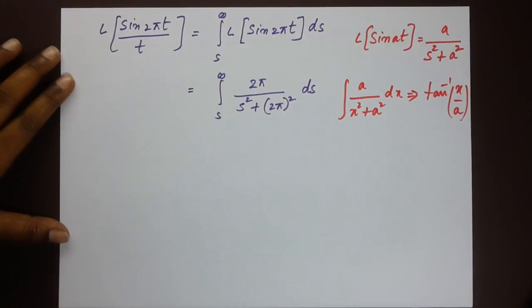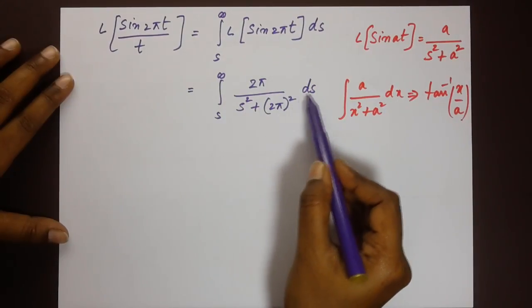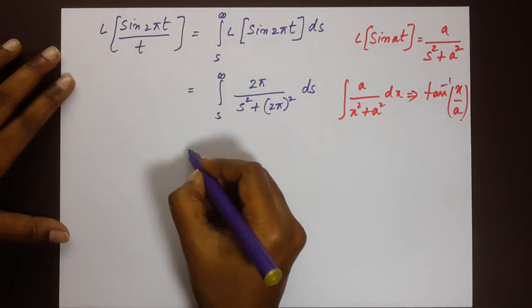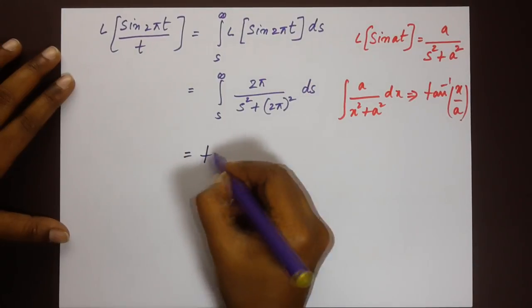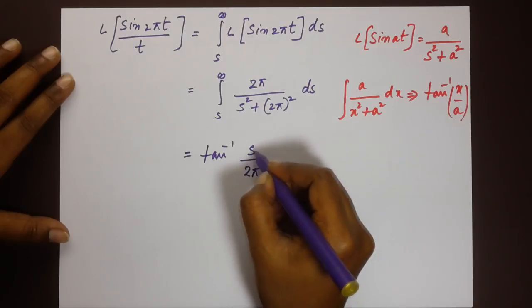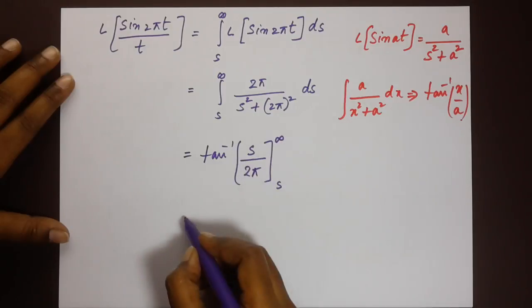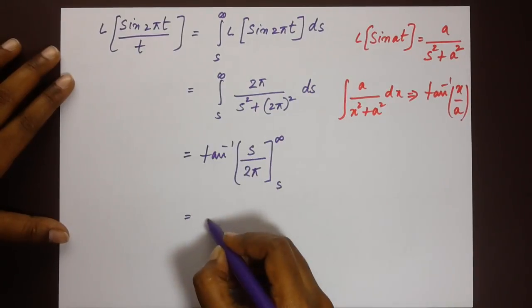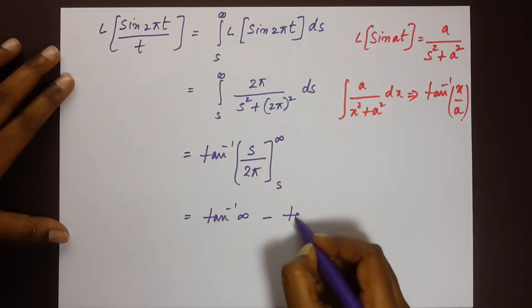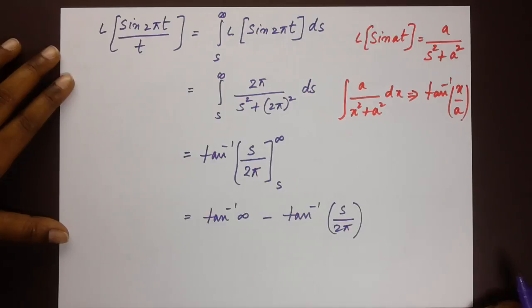So the integral from s to infinity of 2 pi by s square plus 2 pi whole square ds. We relate it to this formula here, and we can write this as tan inverse of s by 2 pi, from s to infinity. Now if we apply the limits, we get tan inverse of infinity minus tan inverse of s by 2 pi.